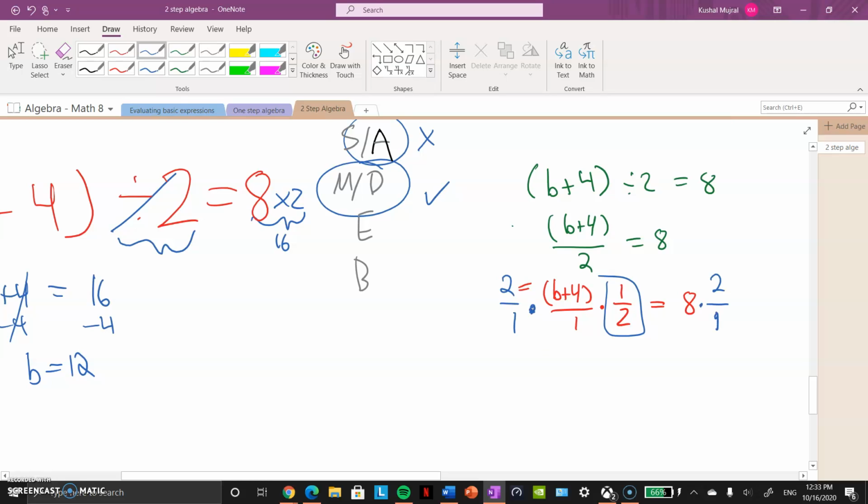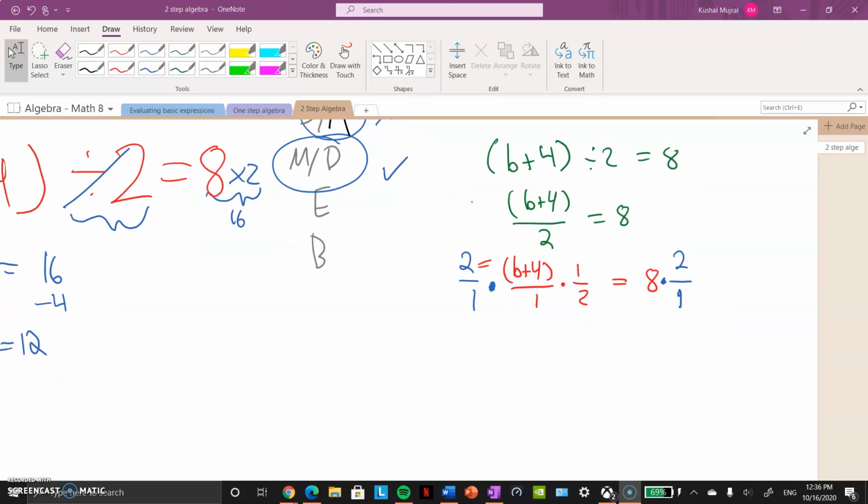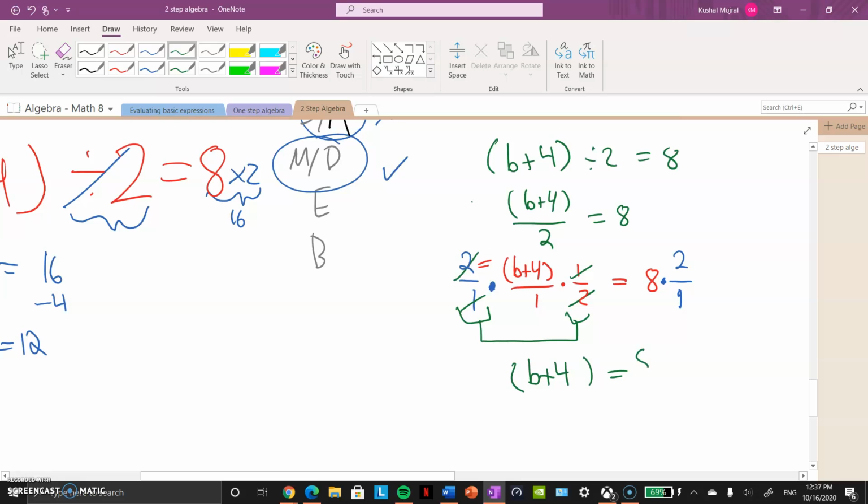And then, oh yeah, and if you remember, this dot means multiply, right? So now you can see this and this can cancel because we're multiplying. And so we're left with b plus 4 equals 8 times 2 over 1. This is a 1 here.